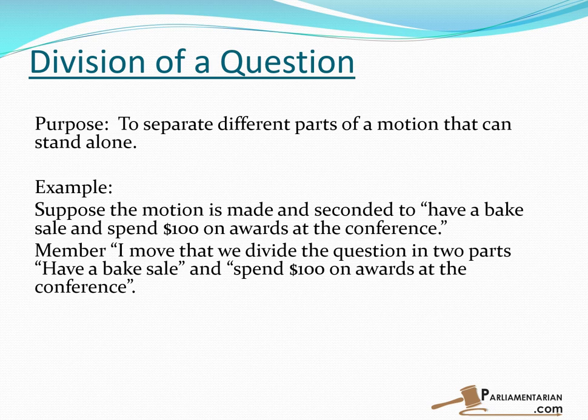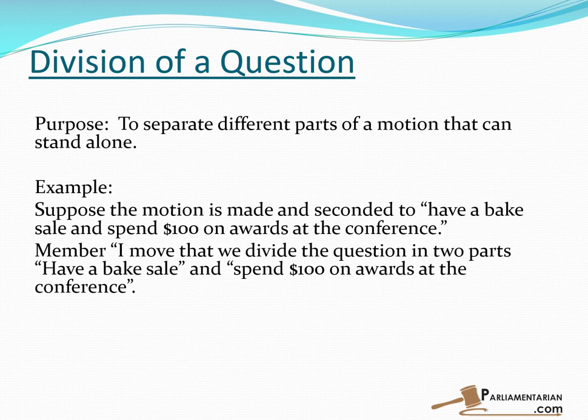And maybe everybody agrees, like, oh yeah, that makes total sense, and let's all vote for it. That's fine. But if somebody says, yeah, I do want to raise the money, and I do think we should spend some money on awards, but I'm not sure about replacing the light, I would like to vote on that separately. Then that's division of a question. Okay. Now, of course, there's other ways to do that, which you're probably already thinking of.